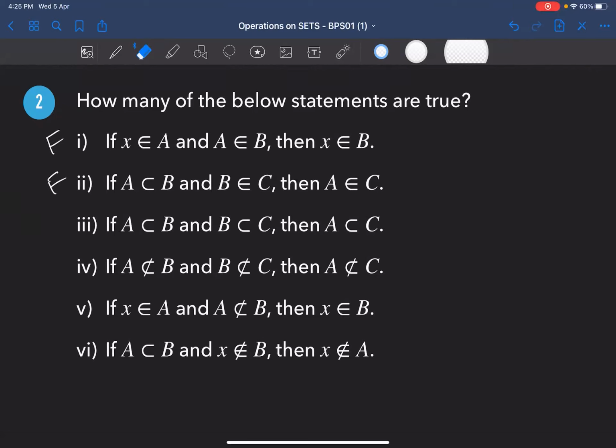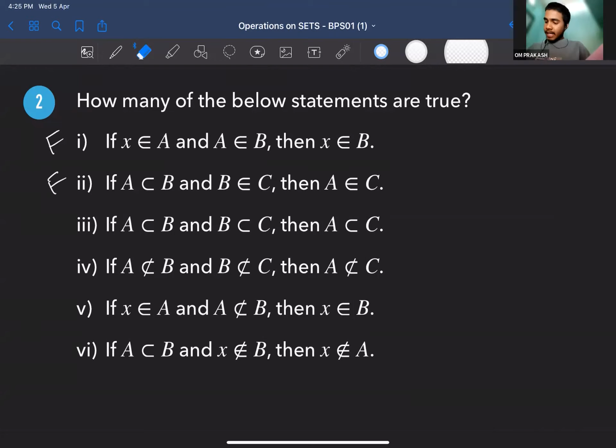What do you think? I think no, sir, it would be false. Why should it be false?